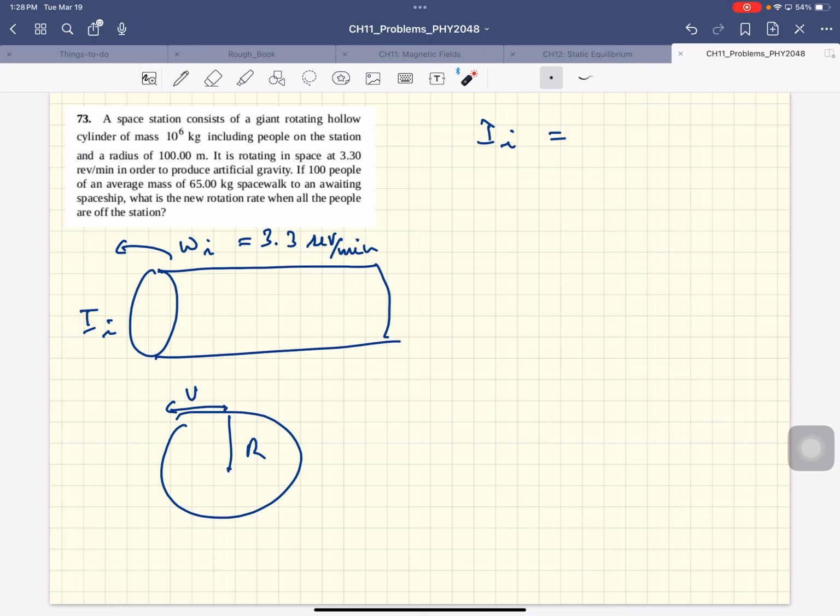So this is the moment of inertia of the space station plus the moment of inertia of the people, and all the mass is at the rim.